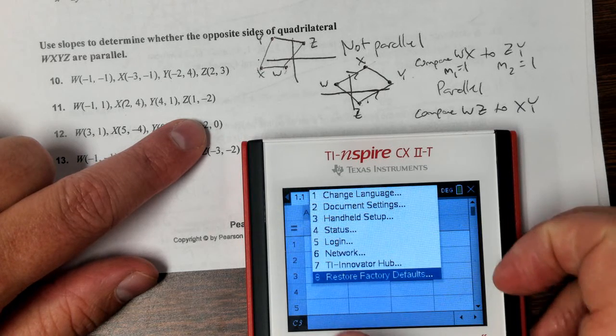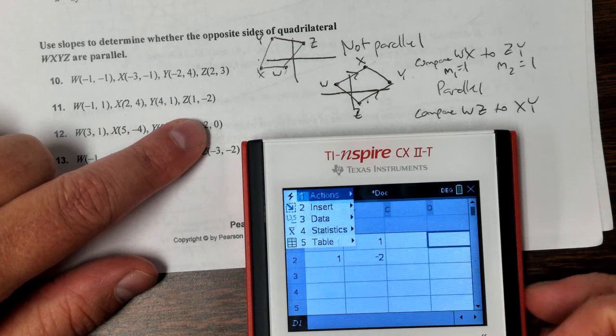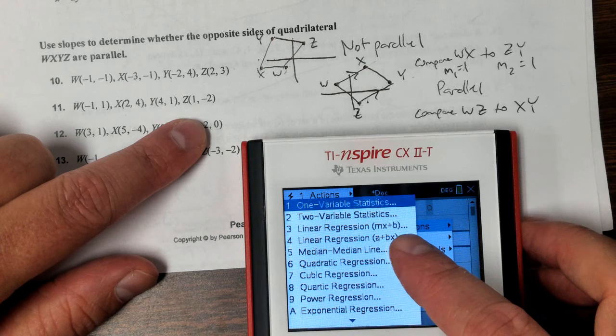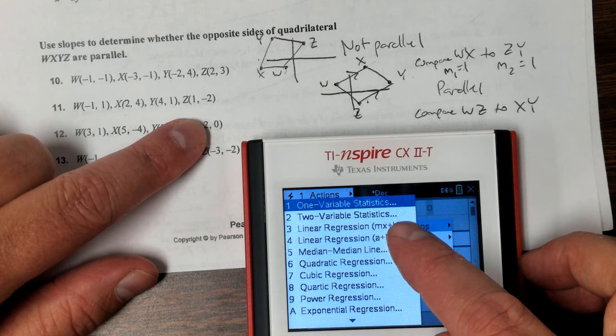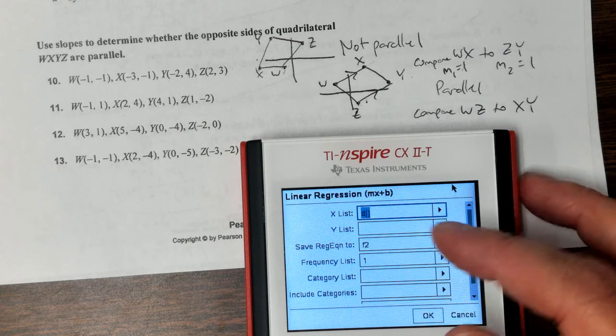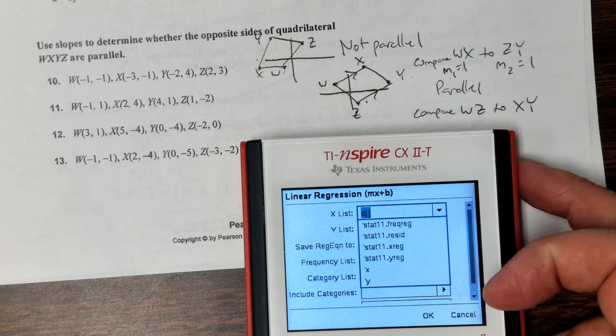From there you go over here to like cell D1 and go statistics, the linear regression that has mx plus b in it, so that's number 3. And again, you can type x and y like I did a moment ago, or remember you can choose it.